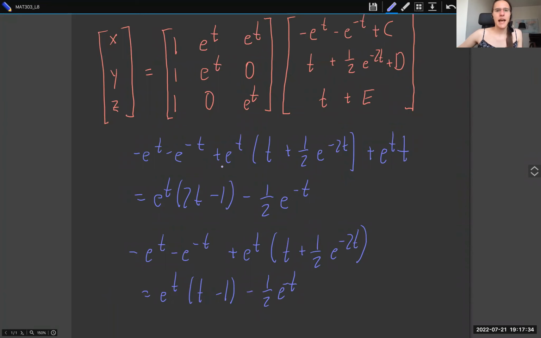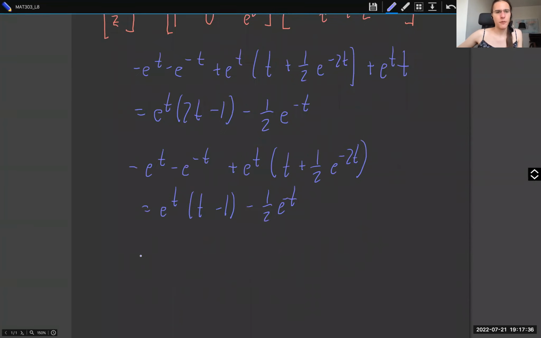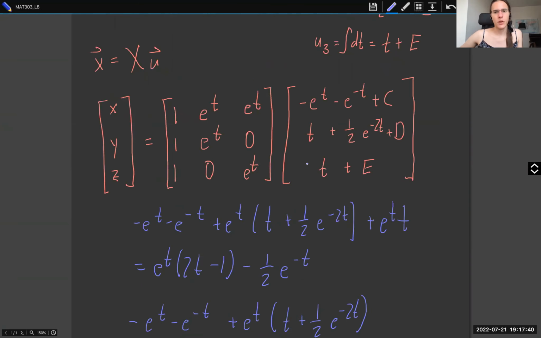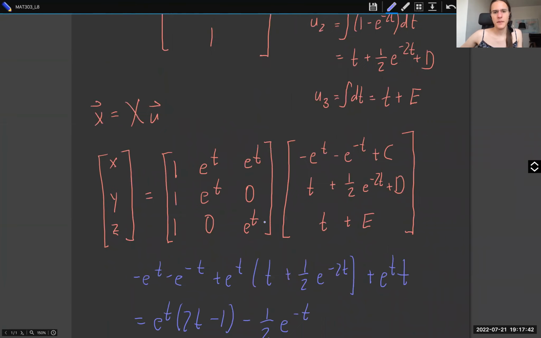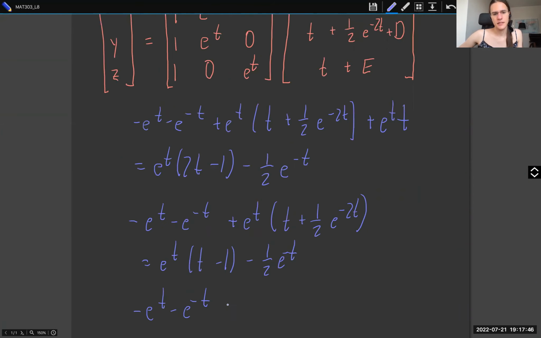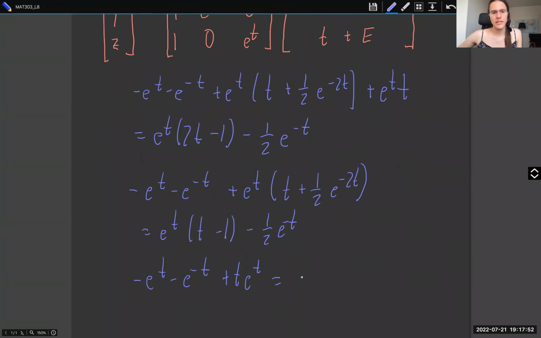And then in the last entry, we're going to have minus e to the t minus e to the minus t. And then we're going to have t e to the t, which is going to be e to the t by t minus 1 again, minus e to the minus t.